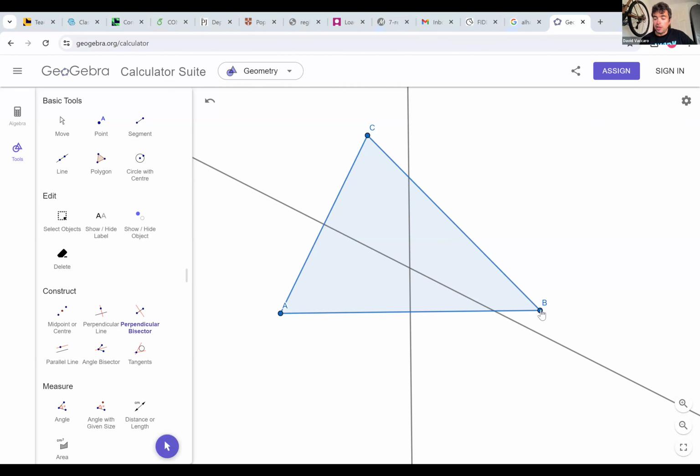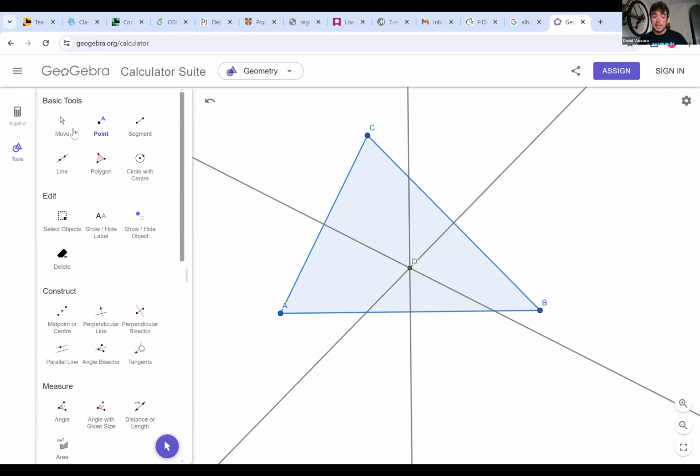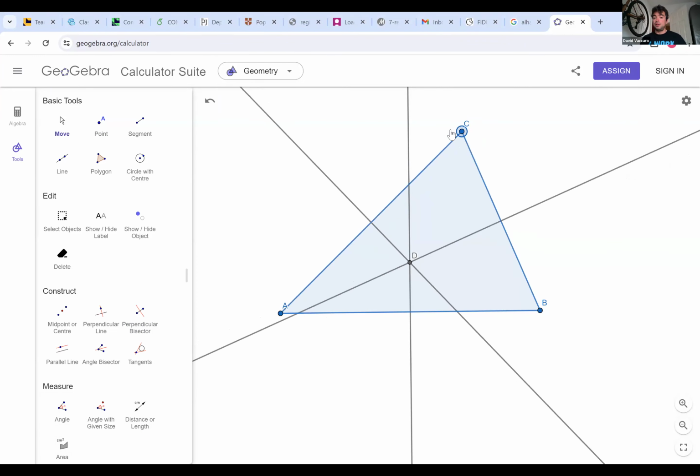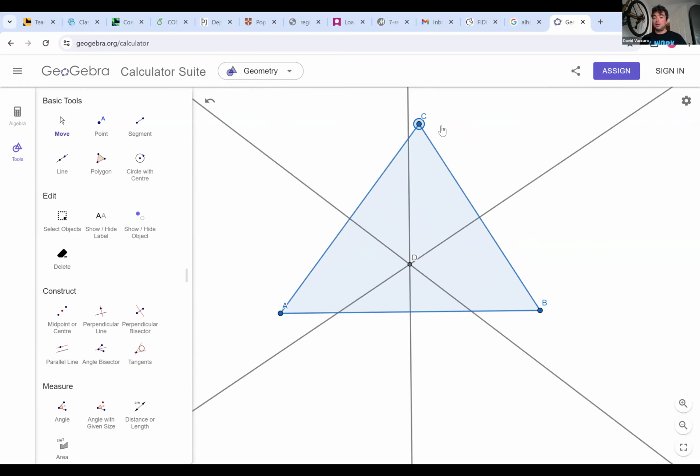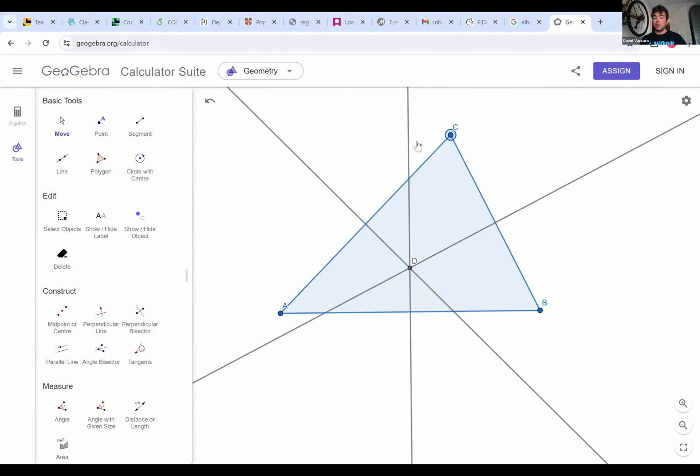Okay, so let's do my third perpendicular bisector. And it looks like they've intersected at the same point. And if I do my intersection tool, there's a single point there. But, okay, that might have just been chance. Let's see. I'm going to move point C around. And they always seem to intersect at a single point D.